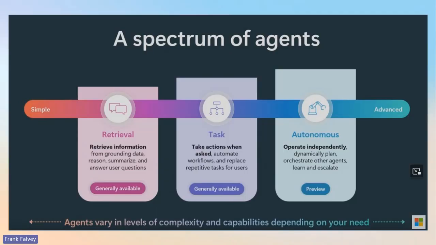You can just go in and use it to get data, summarize stuff, ask questions, and that's the simple one. So we're going to do a demo on that one towards the end, and that's the Copilot chat agent we'll be using there, and we'll be asking it some questions about the agent that we've set up.